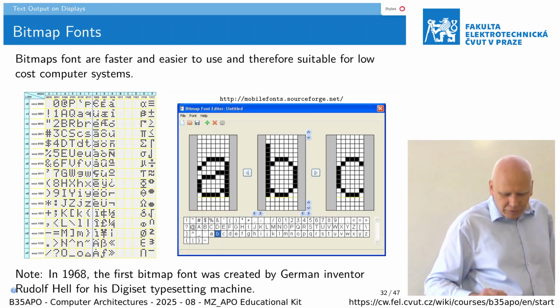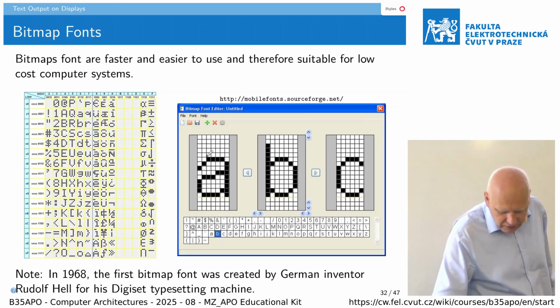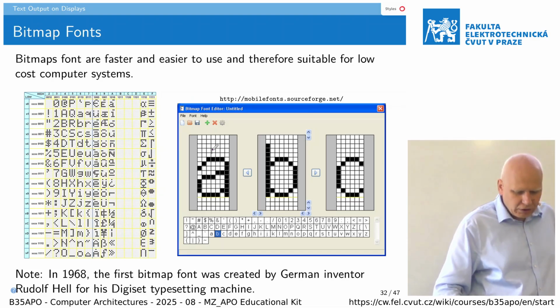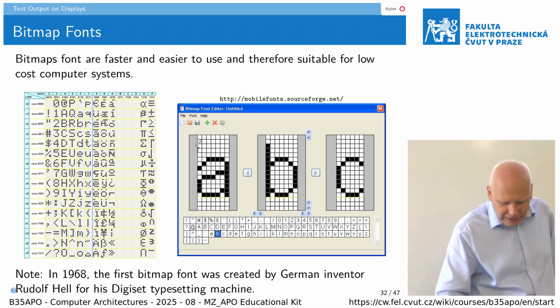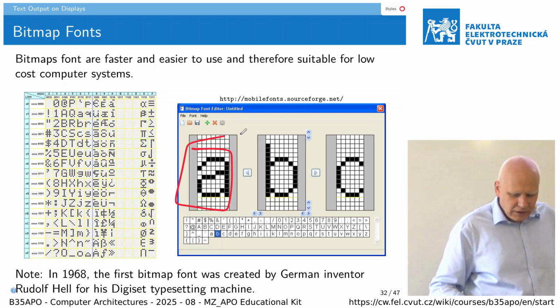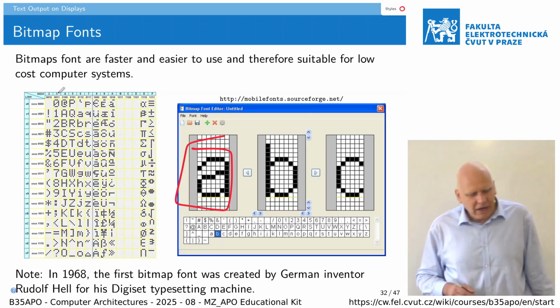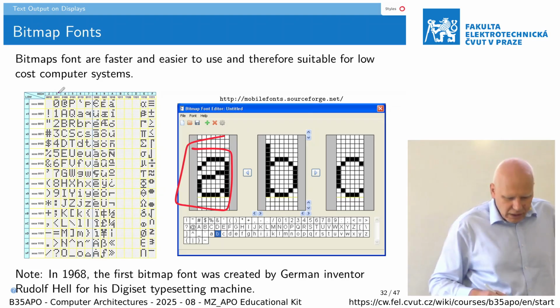So in the case of bitmap fonts, we need to know which pixels in some matrix should be set and which not, and we usually map those glyphs, as they are called, to the code through the ASCII character table.